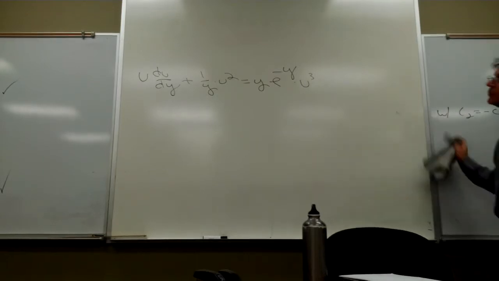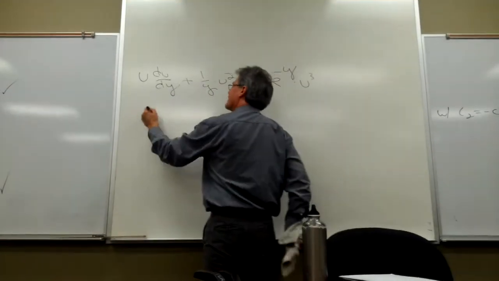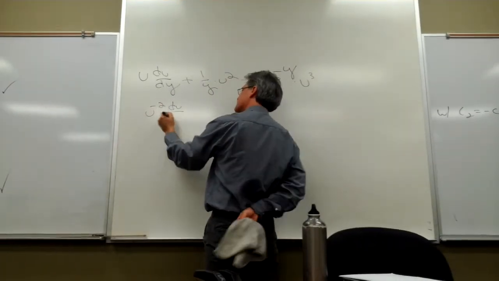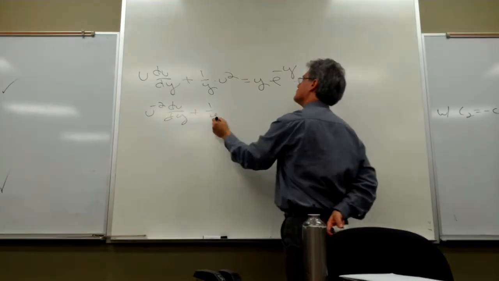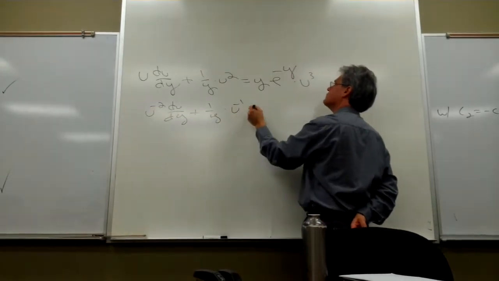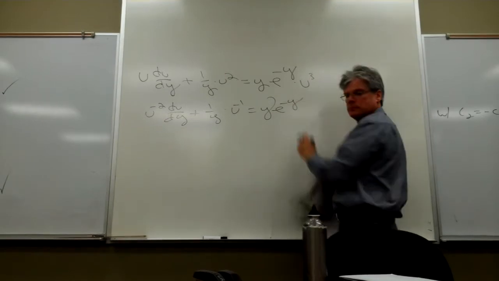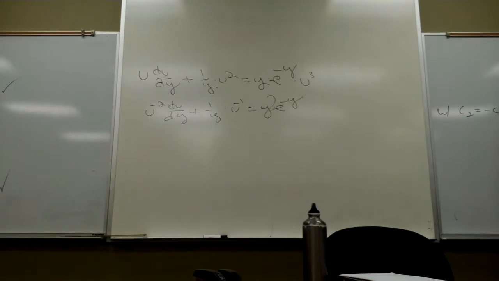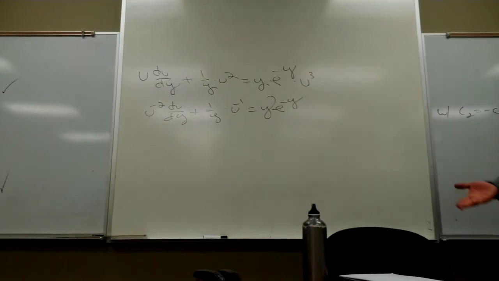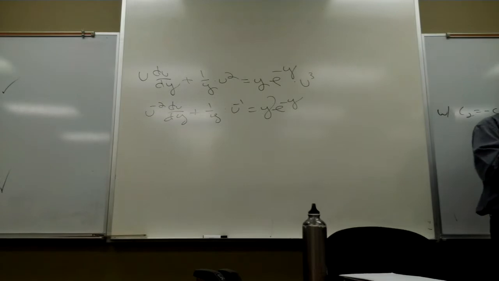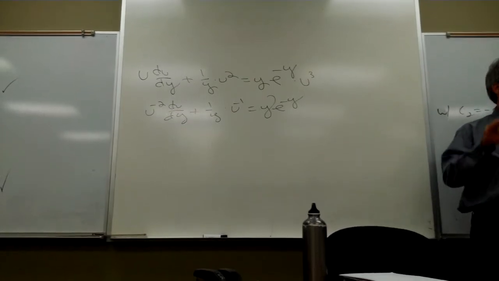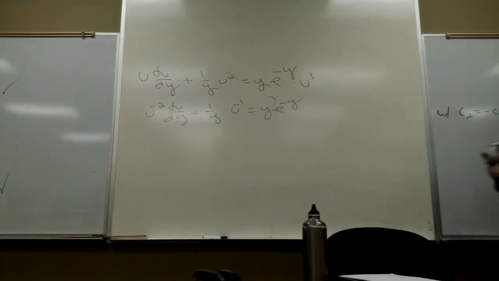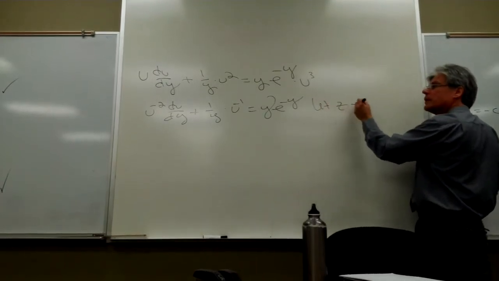If I divide by u cubed, I hear Bernoulli. I think I get this. Let z equal u to the negative 1.